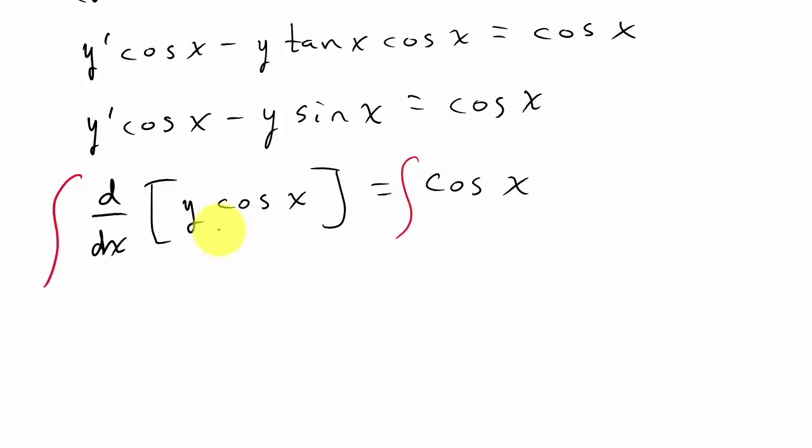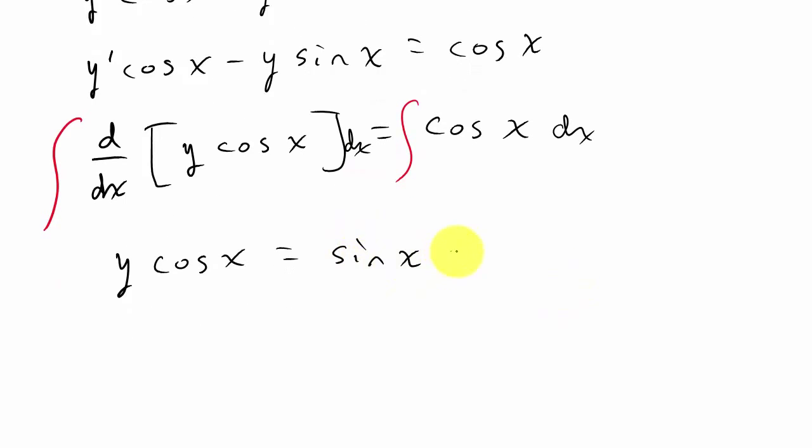Alright, so integrating the left-hand side, that's just going to give me y cosine x equals, and then I integrate cosine x, that's going to give me sine x. Okay, and these integrals are with respect to x. Alright, and so that's going to be sine x plus c.